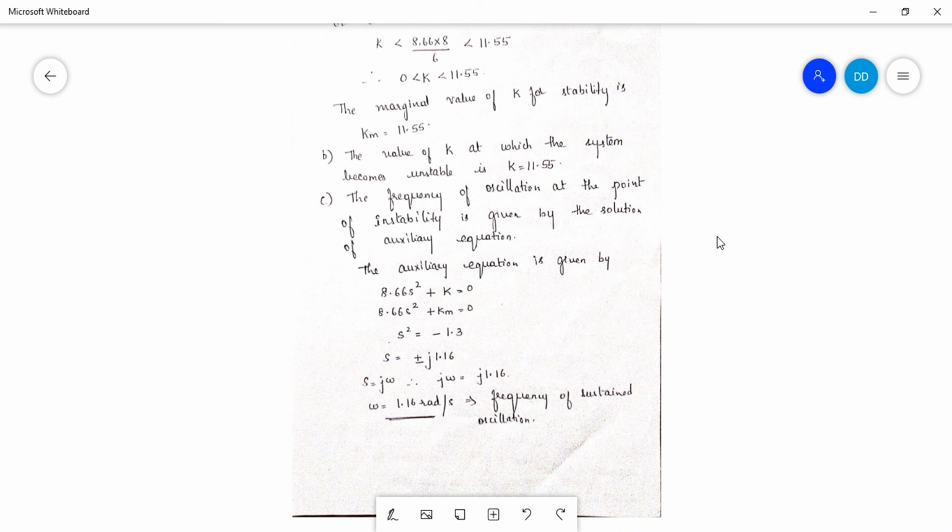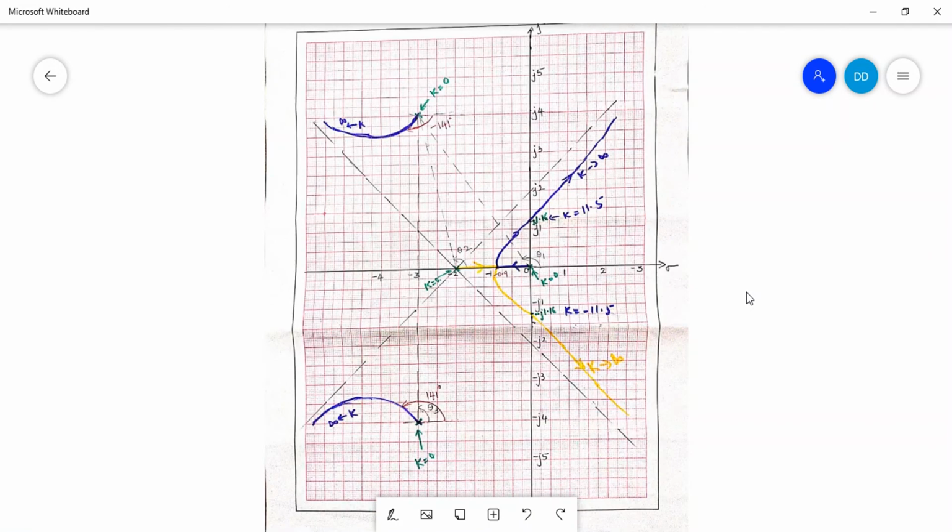So our omega, the frequency of sustained oscillation, is 1.16 radians per second. Or it tells us that the root locus branch intersects the imaginary axis at j 1.16. So now we'll see how, with these details, to construct the root locus.